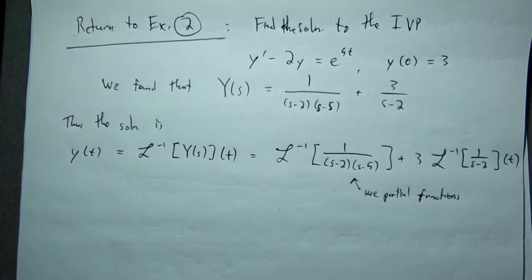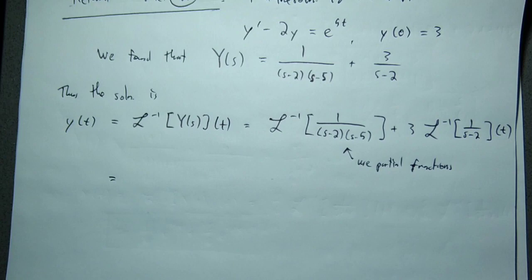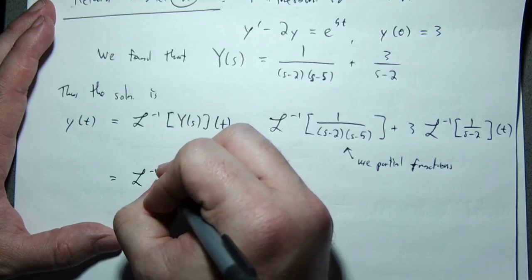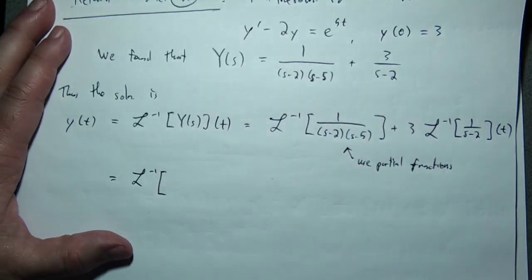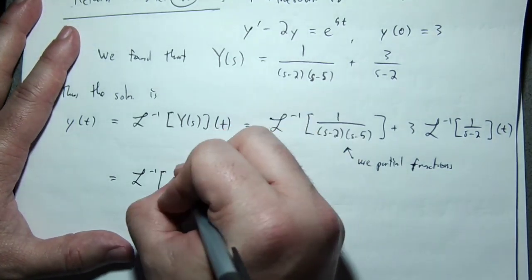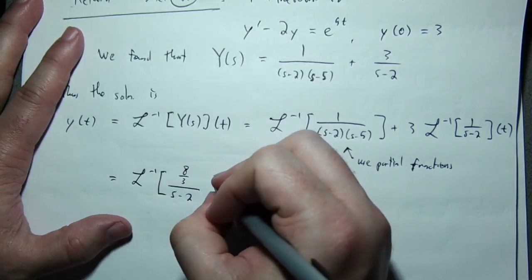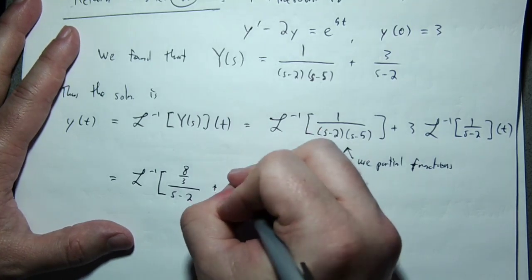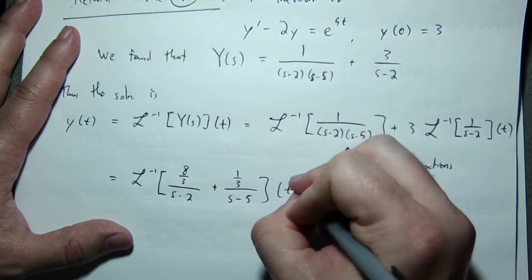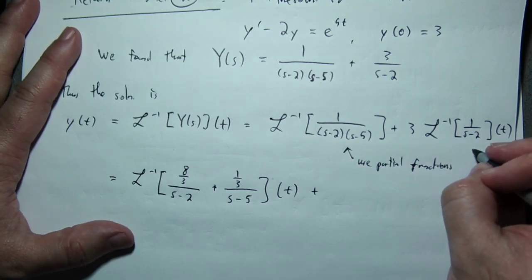Again, use partial fractions to split this up. I'm not going to go through that process here; I'm just going to write down the result. Using partial fractions decomposition, this turns out to be the inverse Laplace transform of 8/3 over s minus 2 plus 1/3 over s minus 5, of t, plus 3 times the inverse Laplace transform of 1 over s minus 2.